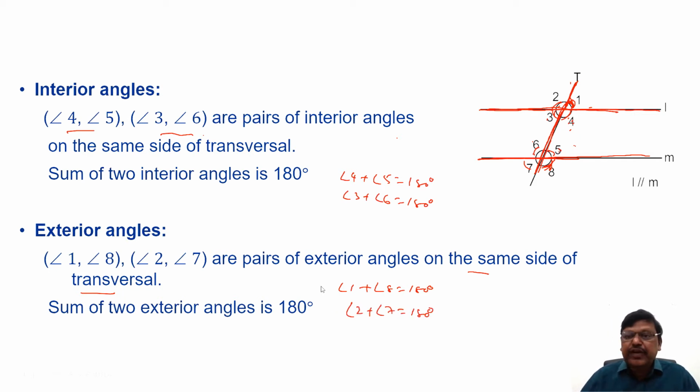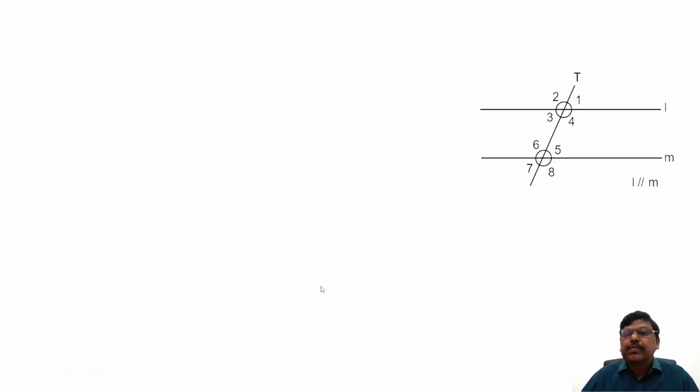Right? Next one. If you look at 3 and 5, they're also between the parallel lines only. They are also interior angles, but are they on the same side of the transversal? No. If you look at this particular transversal, this is one side, this is the other side. They are on the alternate sides.